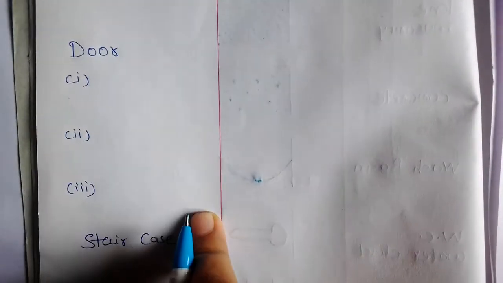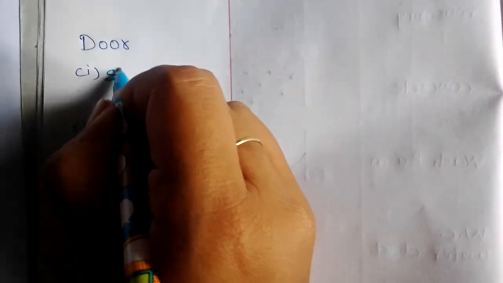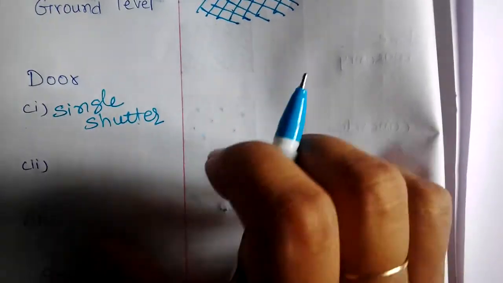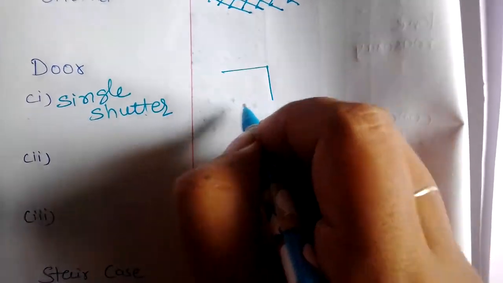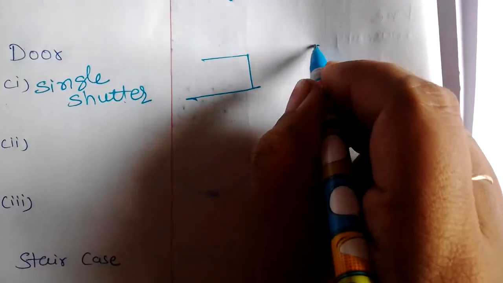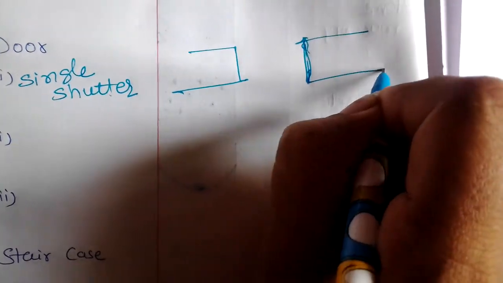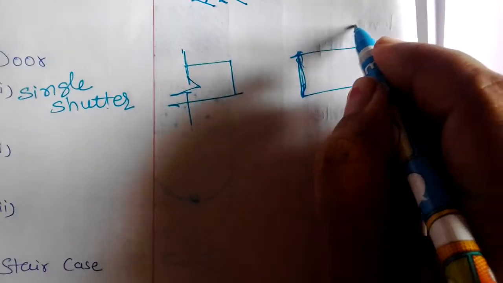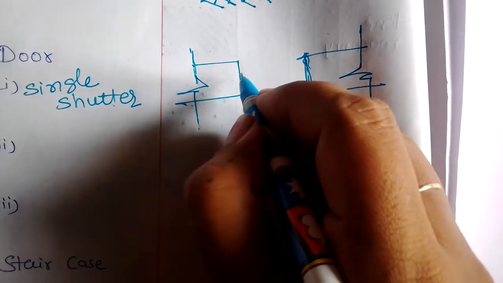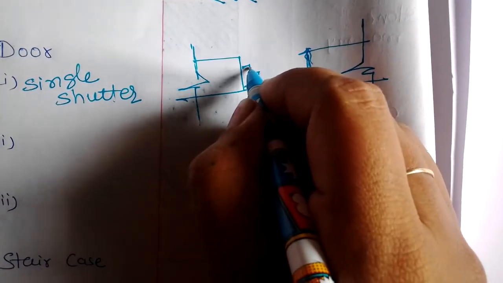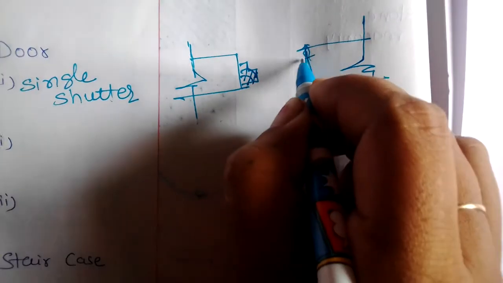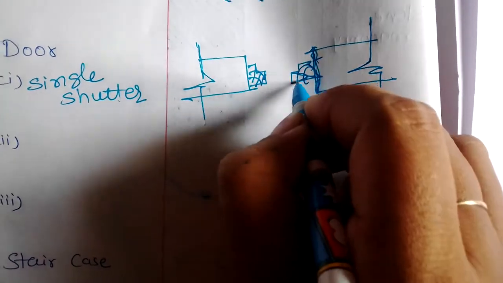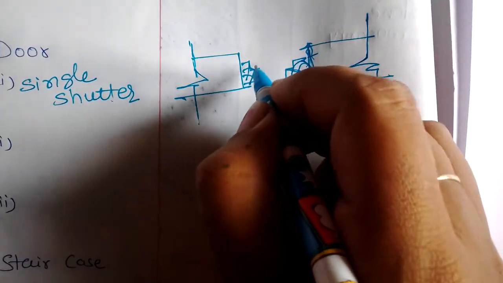There are basically three types of doors. First we talk about the single shutter. For the single shutter, draw like this. It is timber, so we have to present it as we previously presented timber.